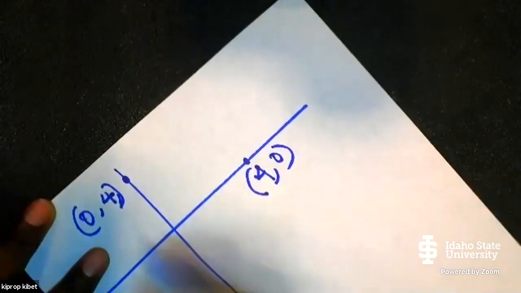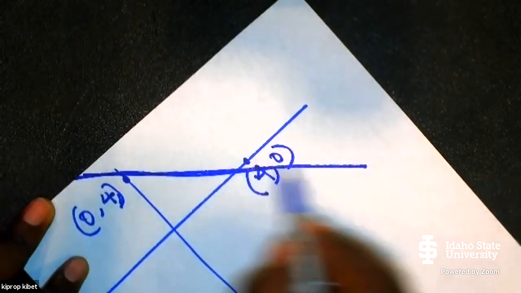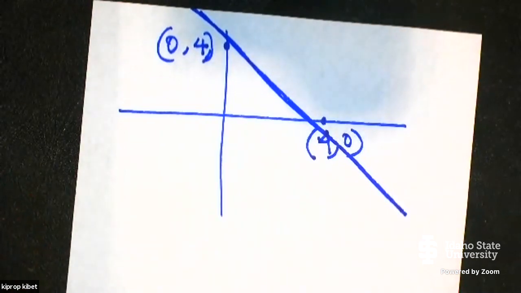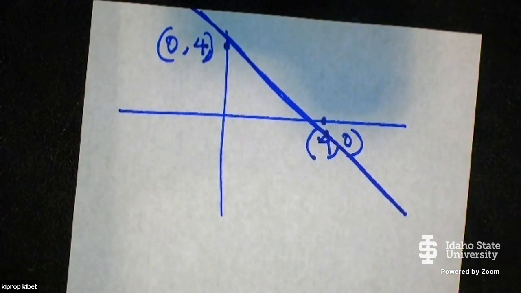If we have a straight line passing through the 2 points there, then we are able to get the slope of this line here.